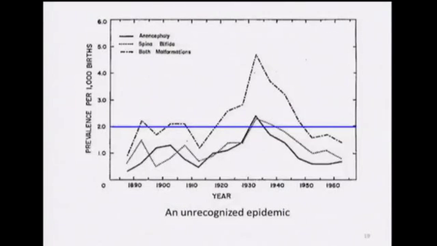And again, what struck me in that story was that it had been unrecognized. Here we have statistics over almost a century showing in Massachusetts the rates of those birth defects over time.